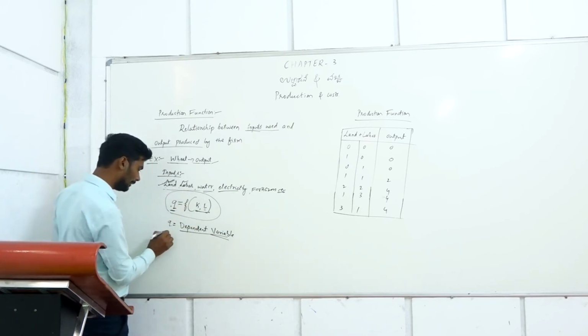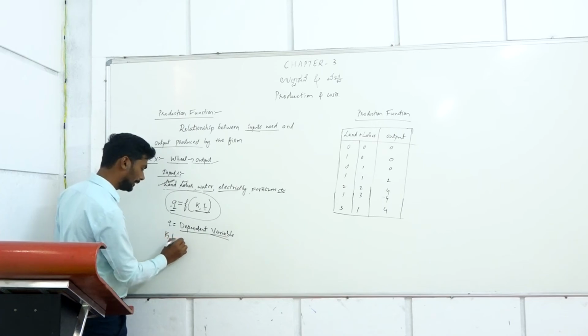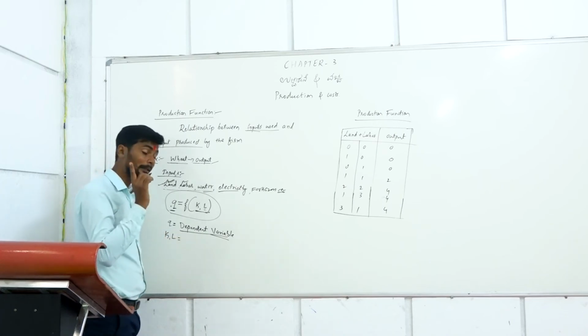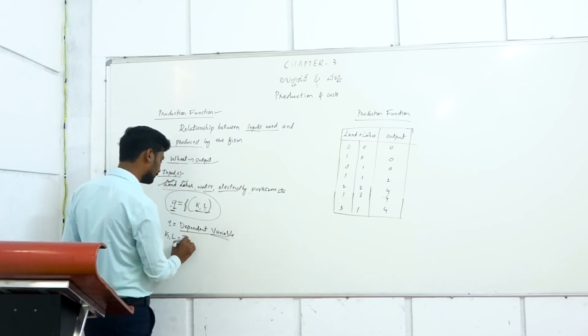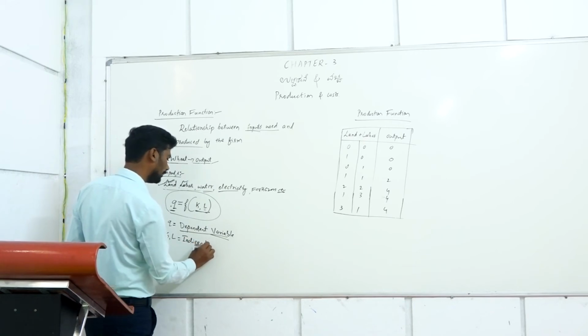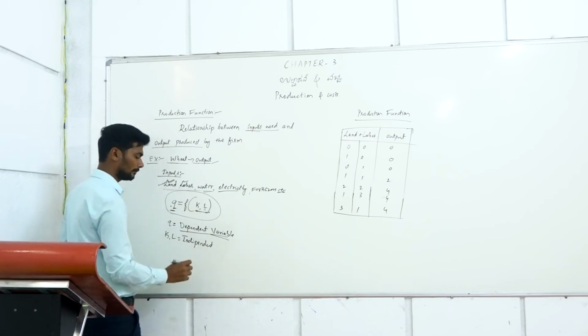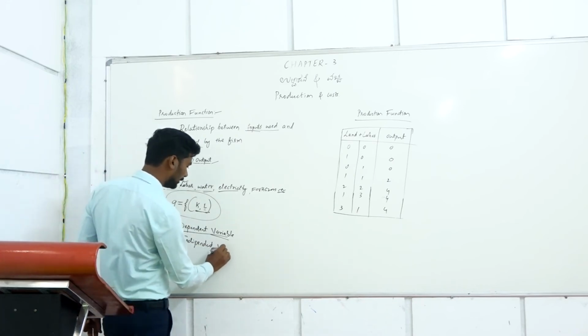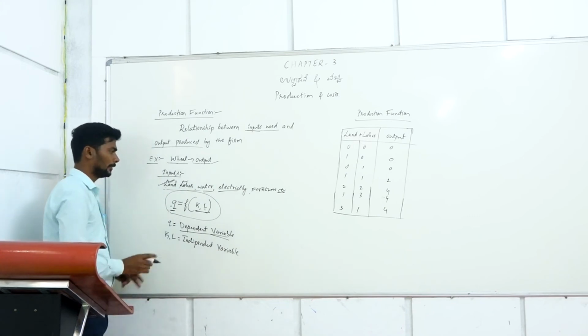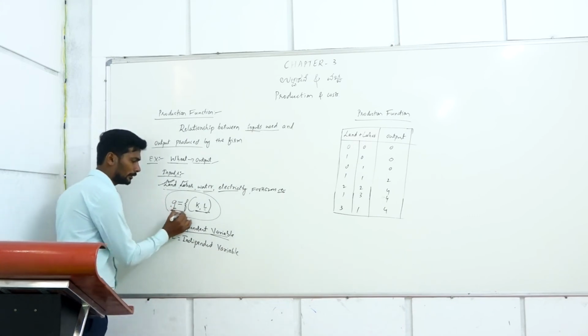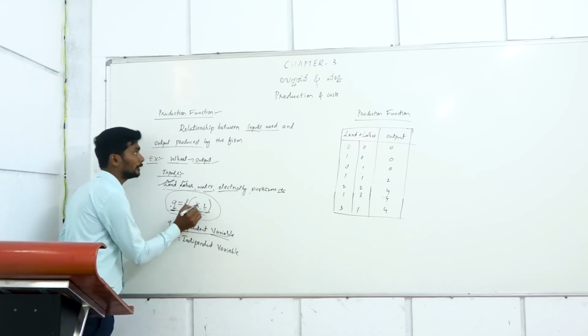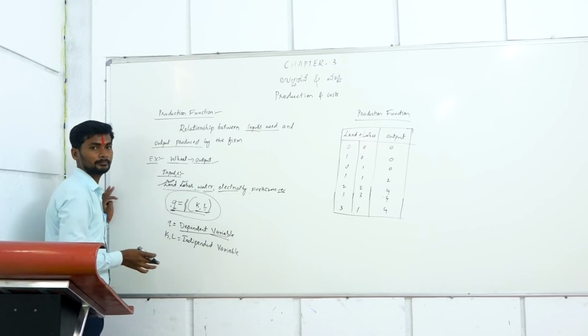And K and L are independent variables. They do not depend upon anything. They do not depend upon Q, they do not depend upon output. They are independent variables. The relationship between output and input is known as the production function.